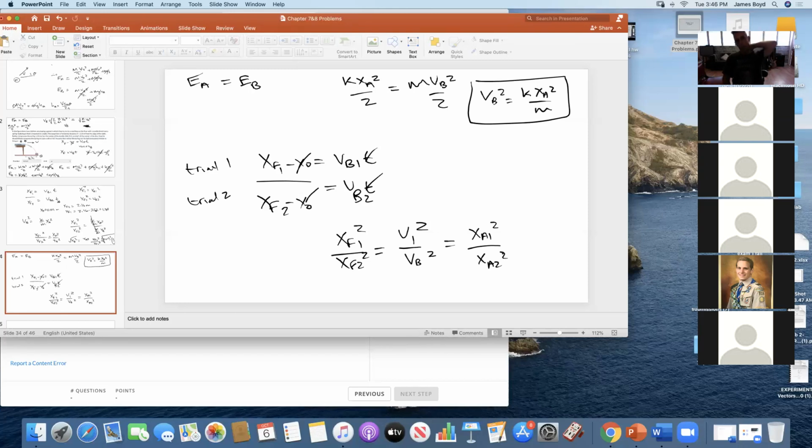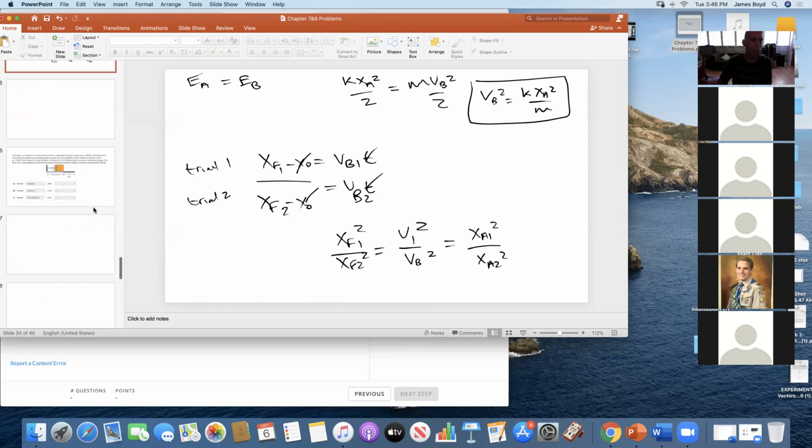And from there, you could solve for xA2, because you knew that x final 1 was the one that was short and x final 2 was the one that was in the middle. Not too bad. I mean, it's bad, but it's not completely unreasonable.